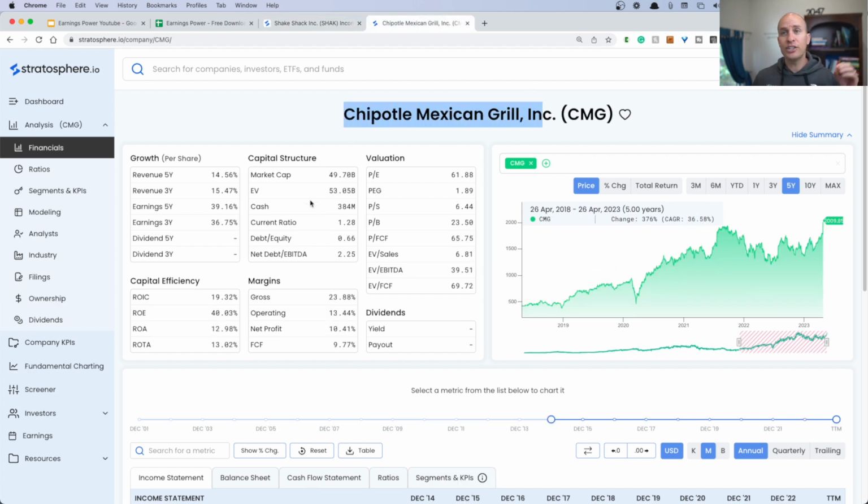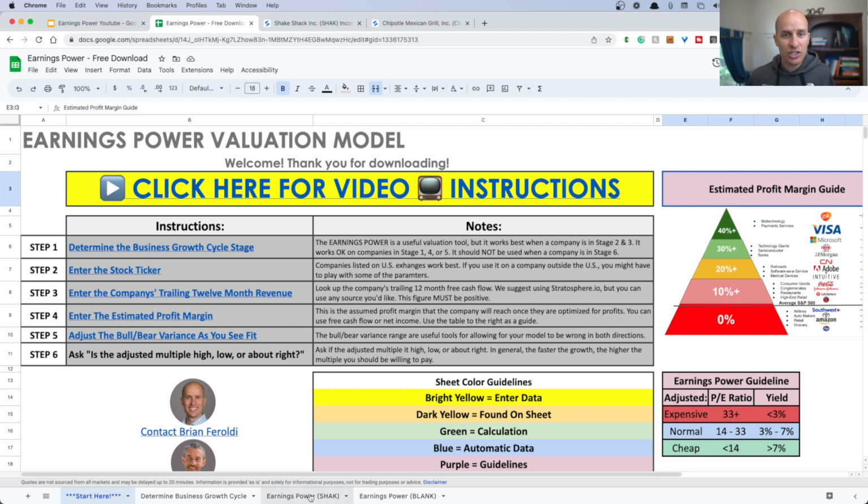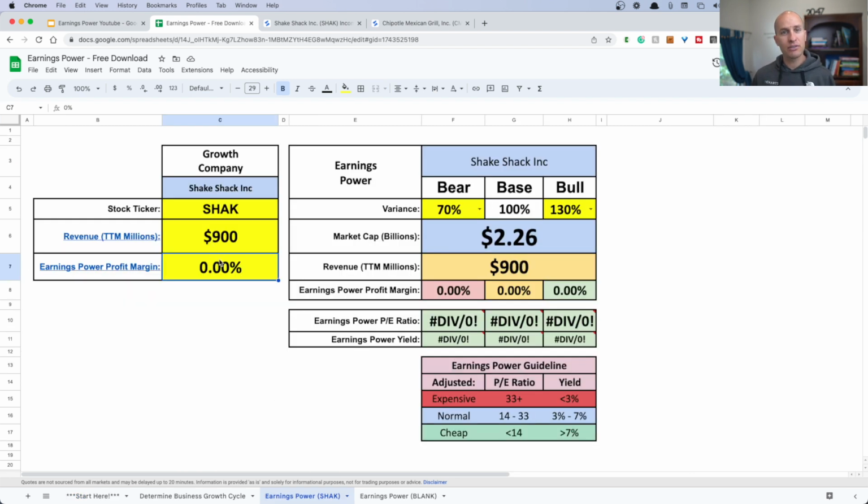Currently, Chipotle, which is focused on profitability, generated a profit margin of about 10% recently and a free cash flow margin of the same number. So it seems reasonable to assume that Shake Shack, should it focus on profit today, could also generate a 10% profit margin. So let's enter that number here.